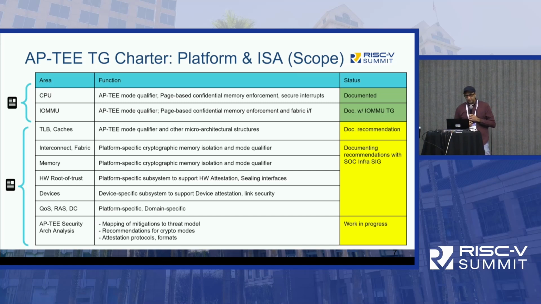And then the security analysis line that you see at the bottom is a place where we said we want to capture some of these best practices and recommendations, right? Like if you're using certain crypto modes, what are the recommended crypto modes to use? What attestation protocols should we be standardizing on, right? That sort of work well with other confidential compute architectures, so that if people are placing a confidential workload on one architecture or the other, at least from a relying party perspective, there are some common standards that we can use.